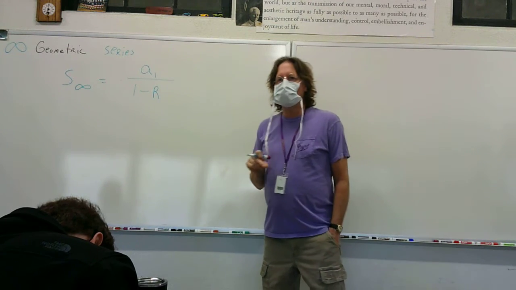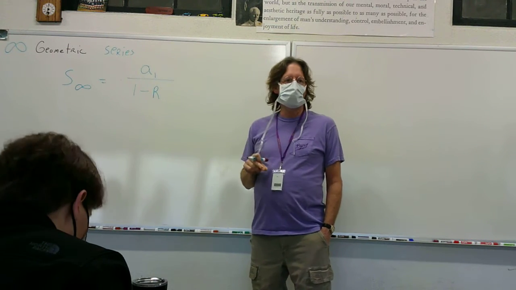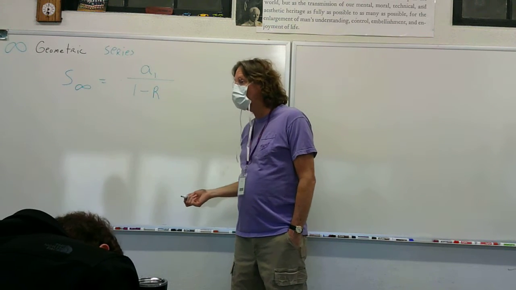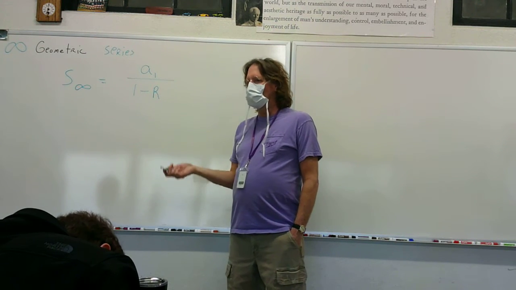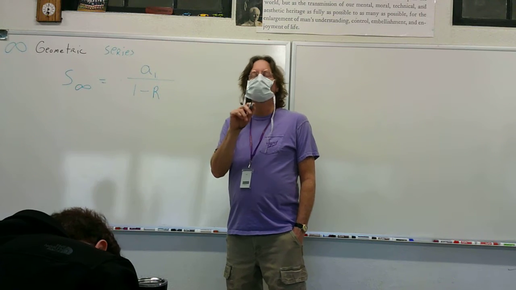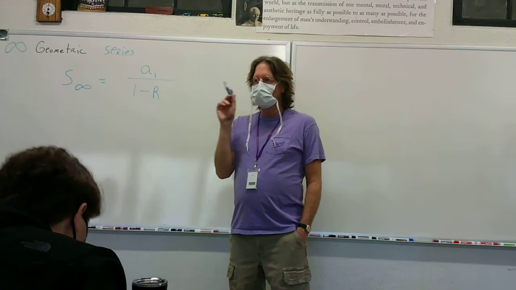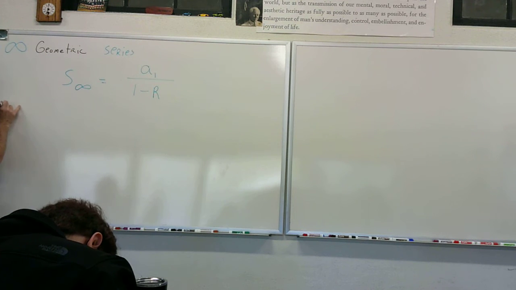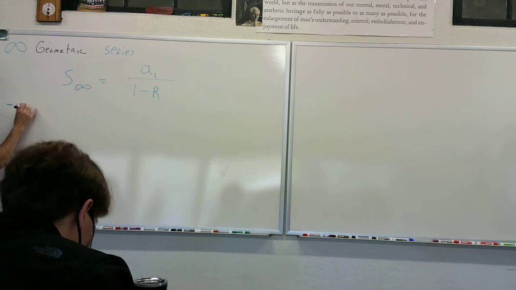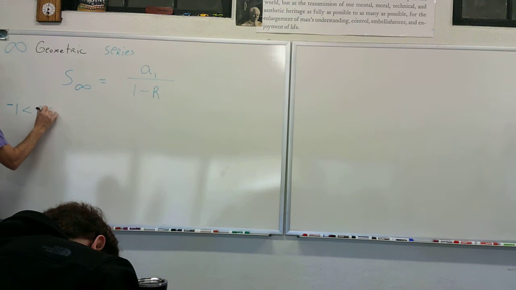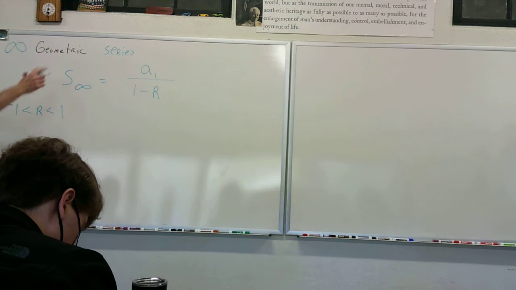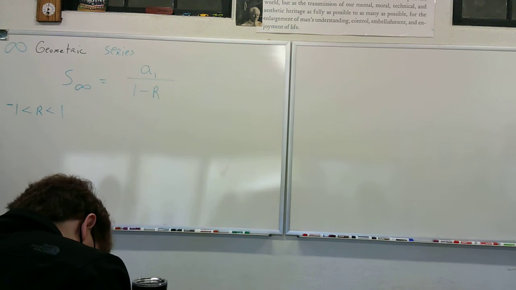So the ratio can't be 5 or 6 or 10. The ratio has to be like 1/3 or 1/5, because you've got to be adding numbers that are getting closer to 0. So this only works if the ratio is between -1 and 1. That's the key.